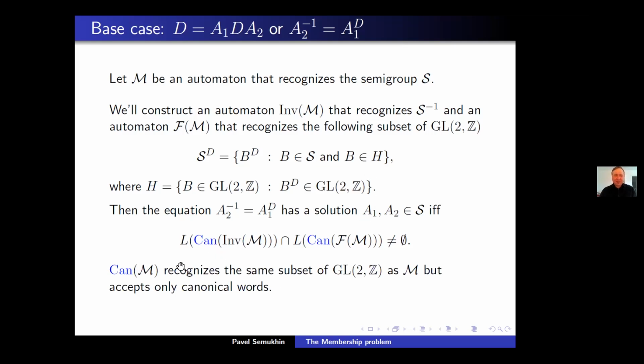And if we add this additional construction of this canonical automaton in this formula, then we obtain what we need.